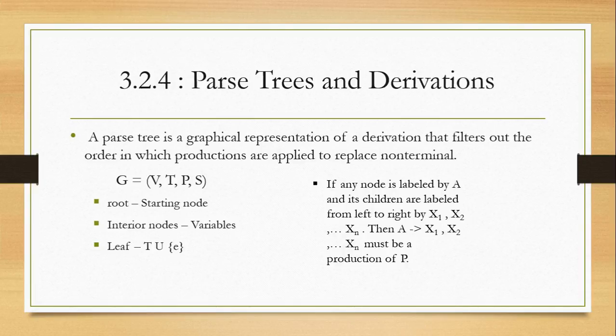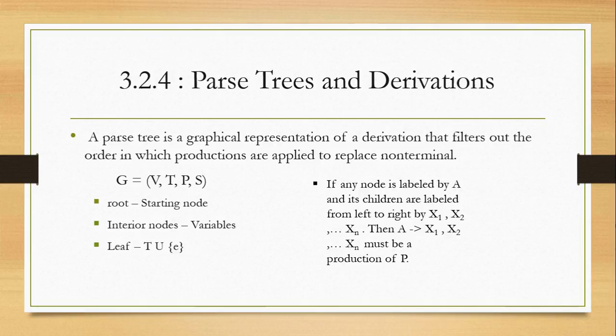Grammar is equal to VTPS, or our variables, terminals, productions, and starting symbol. In a parse tree, the root will be the starting node, interior nodes will be the variables, and leaves are the terminals union with the empty set. Take note of this.